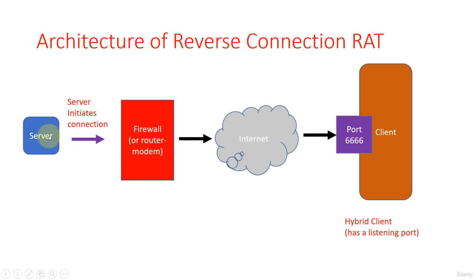So the RED is going to reach out and penetrate the firewall, and if you are going out to port 80, it will go through easily. So that's why we will use port 80 for production REDs, for production clients. But for purposes of this instruction, we are choosing port 6666.